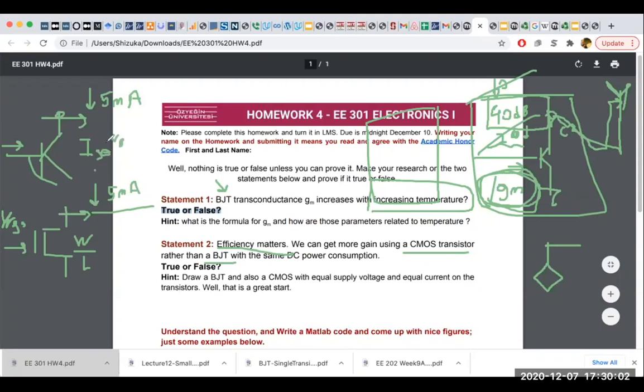So you need to know IS and stuff. But there's a rule of thumb for similar sizes of transistors, you should basically Google it. Which one is more efficient? Everything the same, the current is the same, the sizes are similar. Which transistor gives you a higher gain, higher GM?